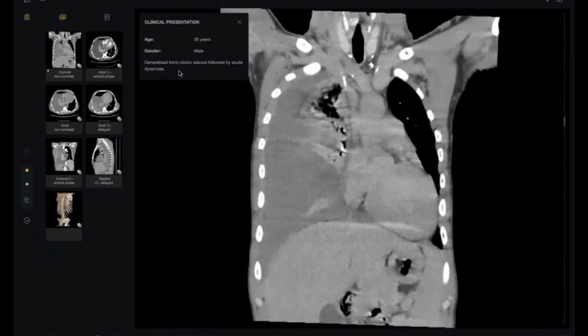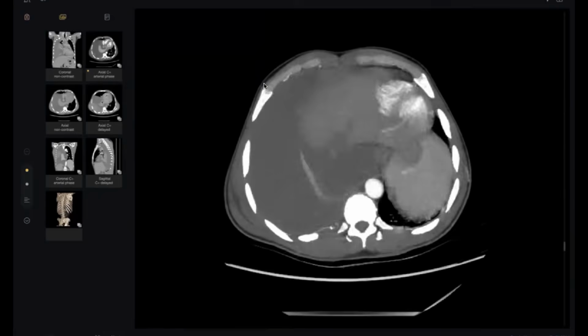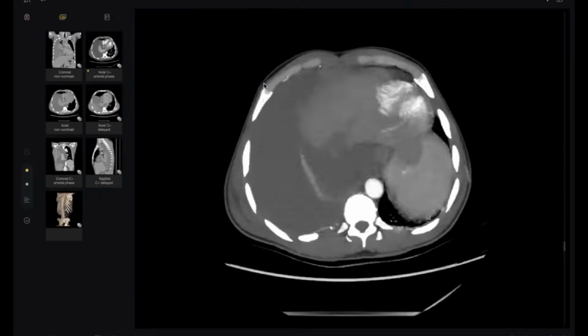A 35-year-old male patient presented with generalized tonic seizures followed by acute dyspnea. Contrast-enhanced CT scan of the chest, soft tissue window.